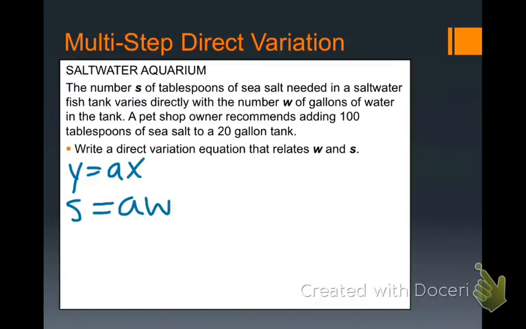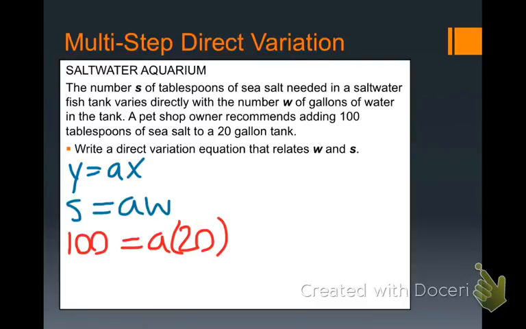It then goes on to say a pet shop owner recommends adding 100 tablespoons of sea salt to a 20-gallon tank. We can use that to help us find the constant of variation. So we have 100 equals a times 20, because 20 is our amount of water and 100 is our tablespoons of salt.